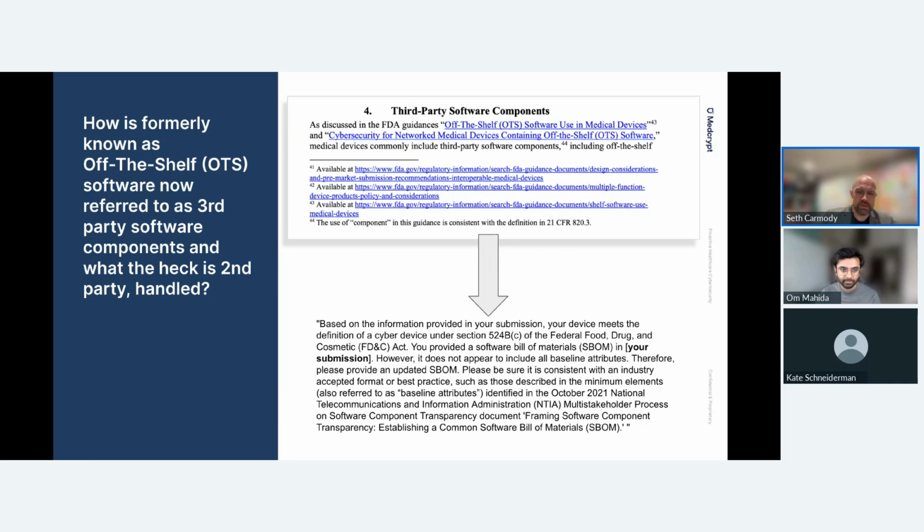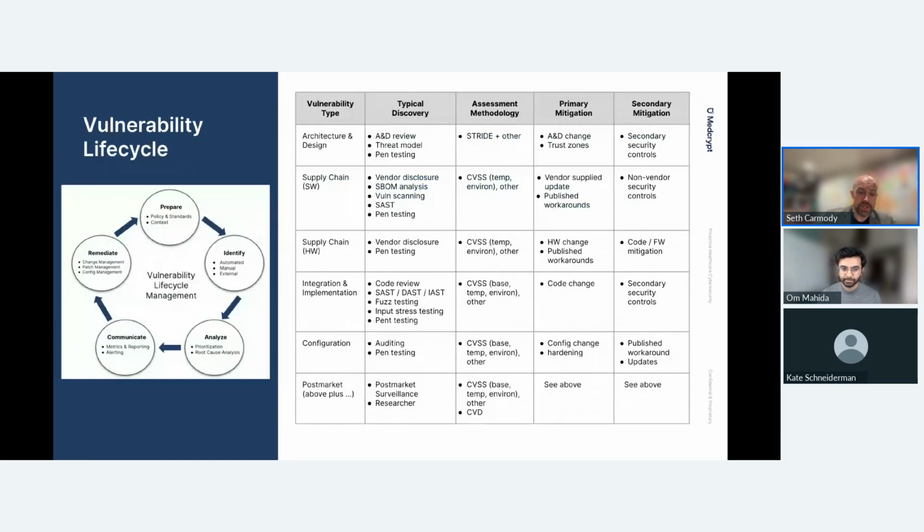And I think there was an anecdote recently, maybe it was the HISAC meeting, from the FDA themselves. They're basically writing on average 15 deficiencies for cybersecurity that have to be addressed by manufacturers in order to get to market.